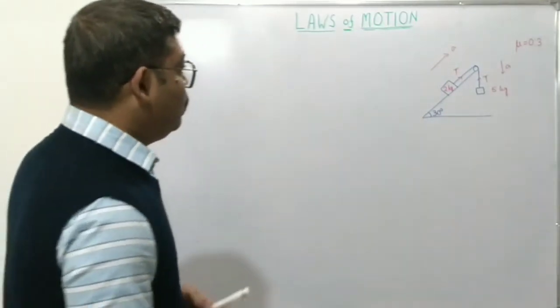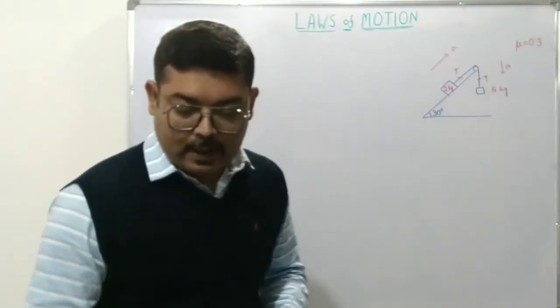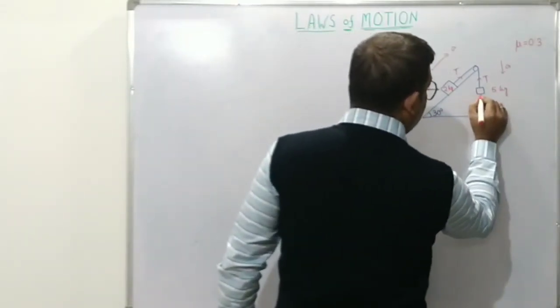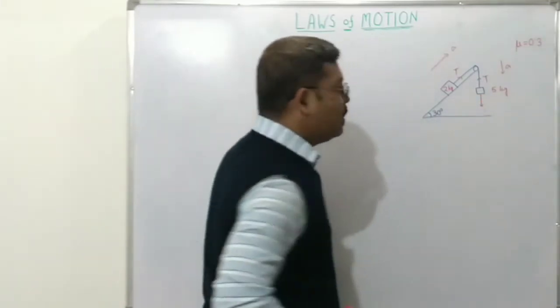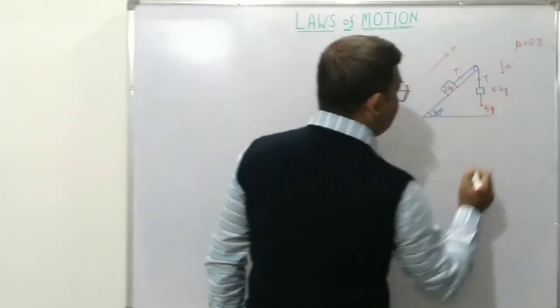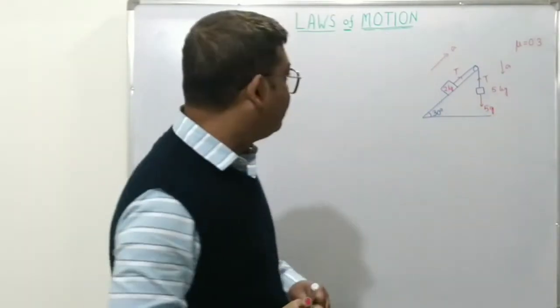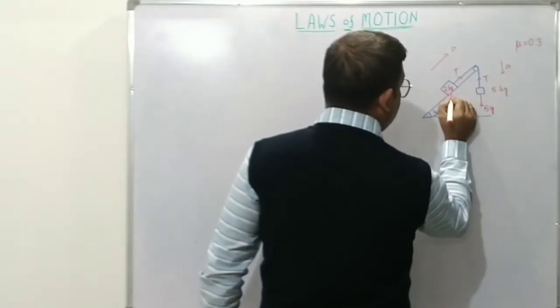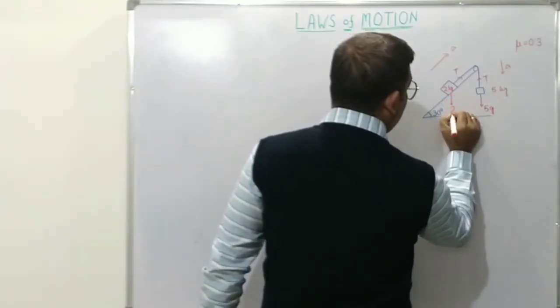Okay, to do that, let's see the forces in action here. For the 5 kg mass, there will be its weight downwards, which is 5 times g, mass into acceleration due to gravity. For the 2 kg mass, again there will be its weight acting downwards, which is 2 into g.